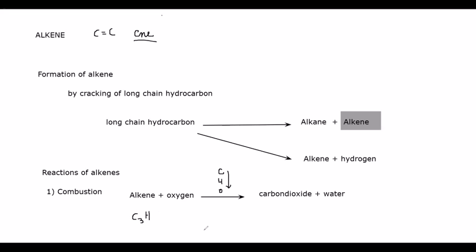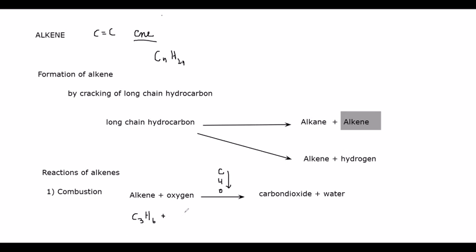In an alkene, the general formula is CnH2n. It should be 6, because alkenes have twice the number of hydrogen as carbon. Twice 3 is 6.